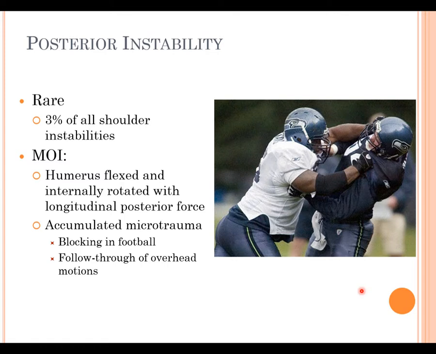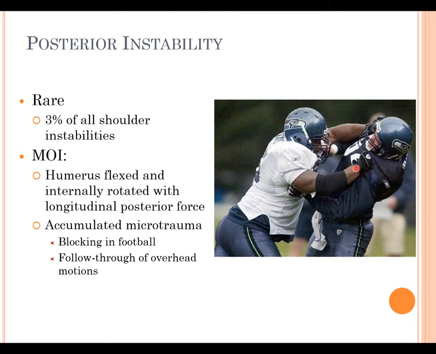But the mechanism of injury for this posterior instability or posterior dislocation is going to be a humerus flexed and internally rotated with a longitudinal posterior force. Now, if you think through what that actually means, and you look at this big guy right here, linemen are very prone to posterior instabilities because when they're blocking someone, they have a flexed humerus.